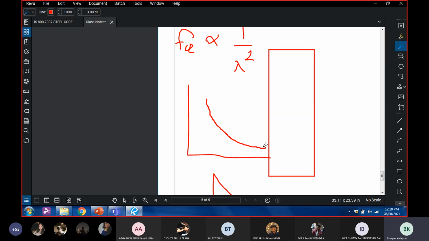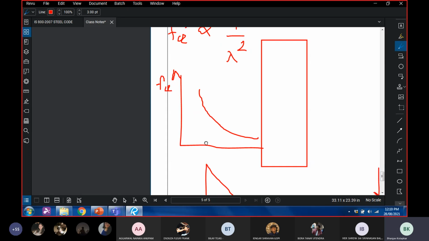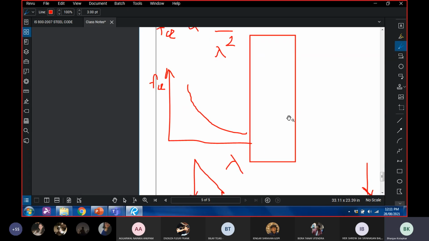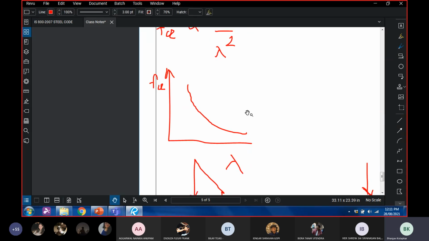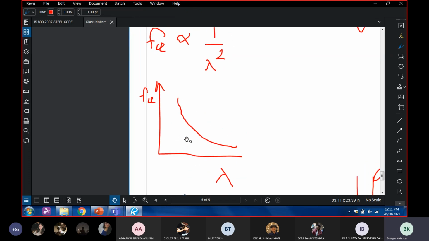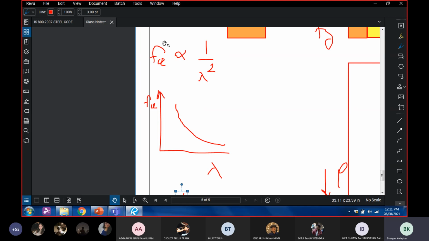This is the graph of x is equal to 1 upon y square. So if this is FCR and this is lambda, this is how the graph will look. Now, looking at the formula, does it mean that as lambda tends to 0, FCR tends to infinity?